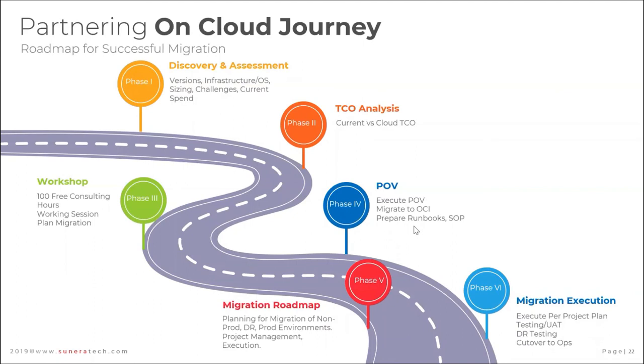The proof of value will decide how you test your integrations, and what additional products need to be brought on and considered. The migration roadmap will be driven by how quickly we expect to complete the migration, the number of waves. So everything is documented upfront, but yes, it has an impact on all of these phases.